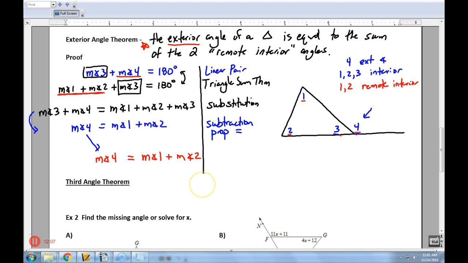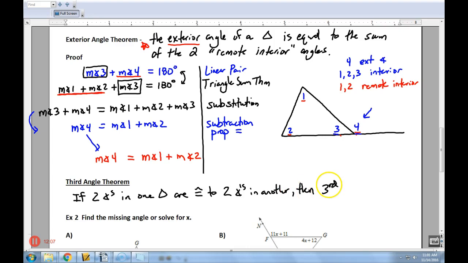All right, there is another theorem here that falls out called the third angle theorem. The third angle theorem is nothing too exciting, but it just says that if two angles in one triangle are congruent to two angles in another, then what you can conclude is the third angles are equal.